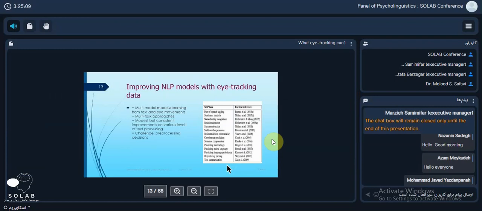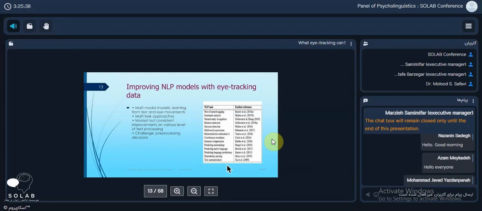During the worldwide corona, we found that many schools used eye tracking to follow their students, how they learn and what they learn, where they learn, and when they learn. It's very important for improvement in education.